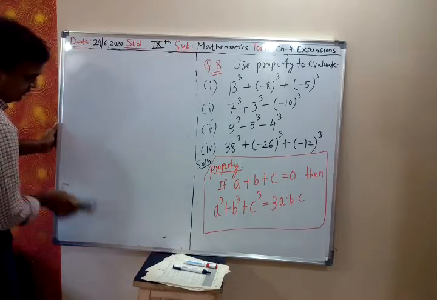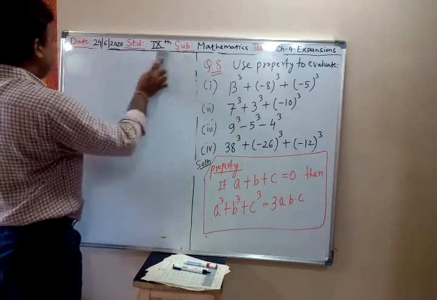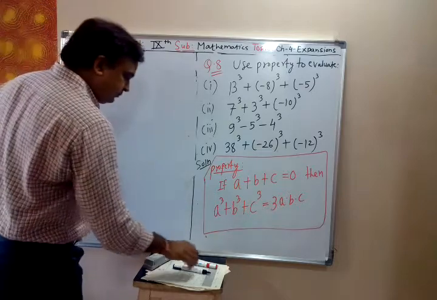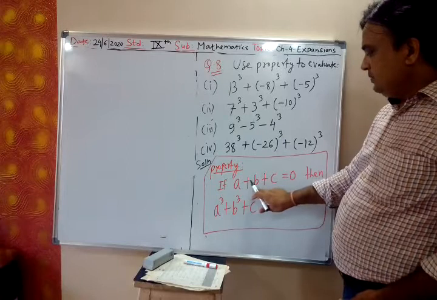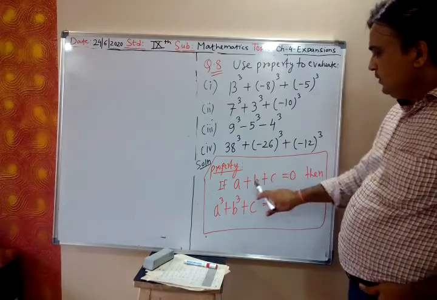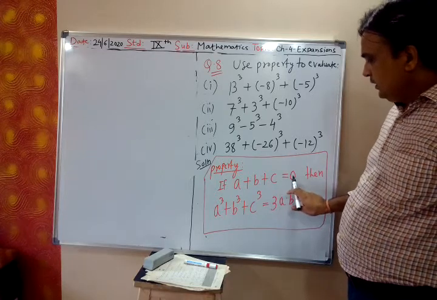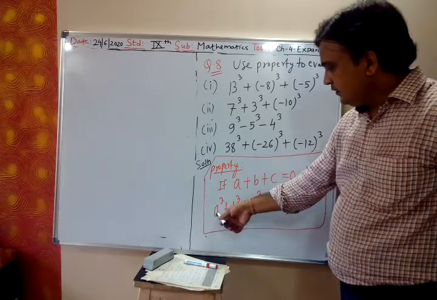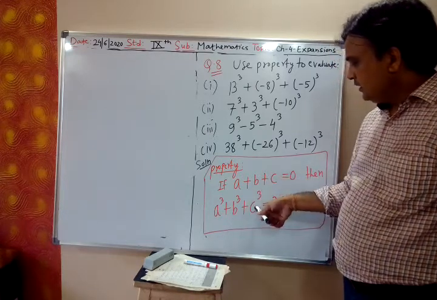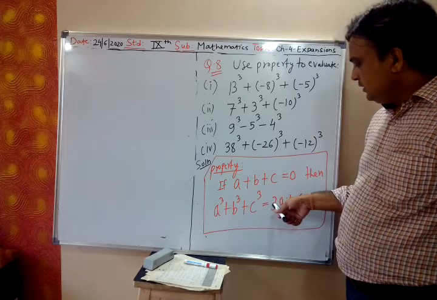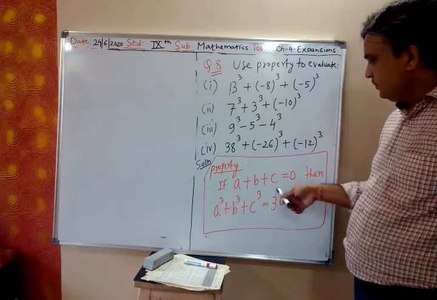What is the property? a plus b plus c is 0, so first term plus second term plus third term is 0. Then cube of first term plus cube of second term plus cube of third term is equal to 3 into first term into second term into third term.